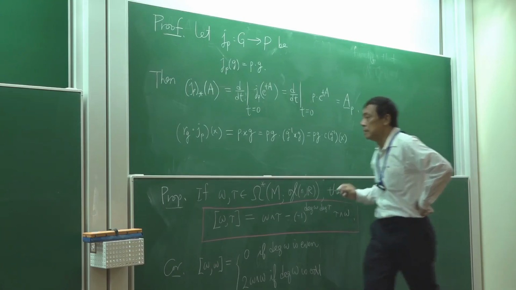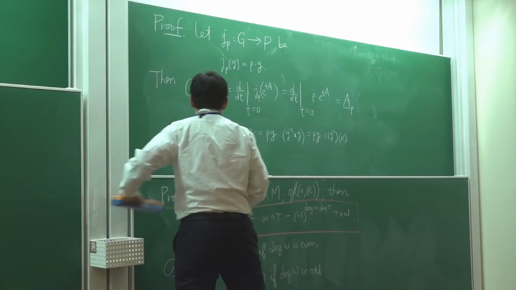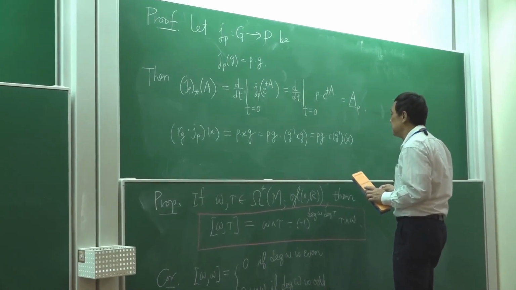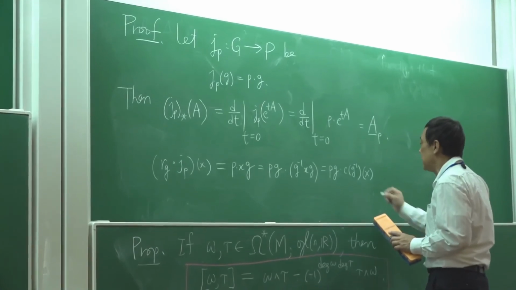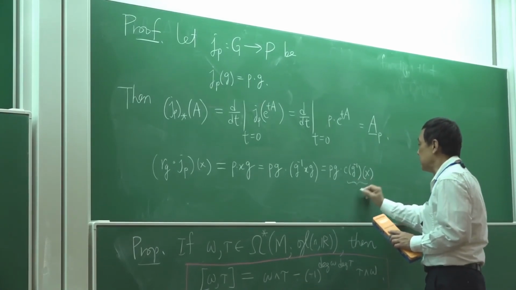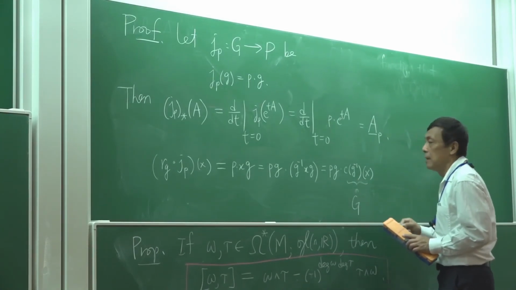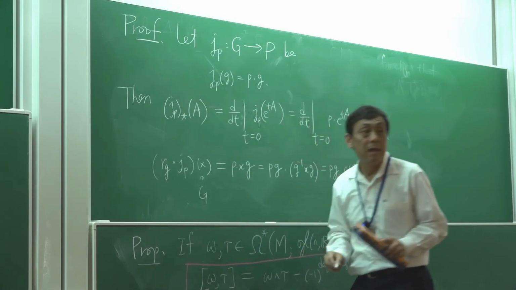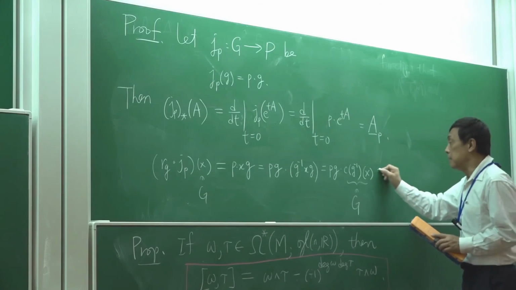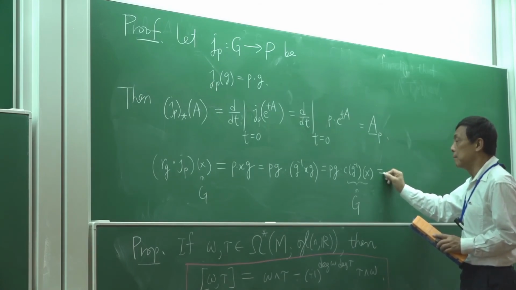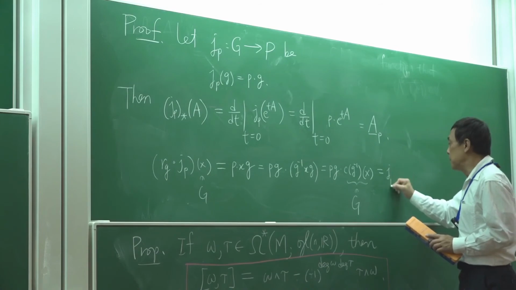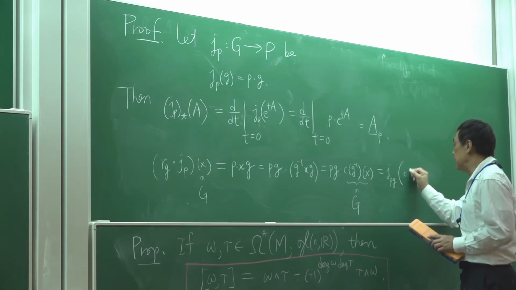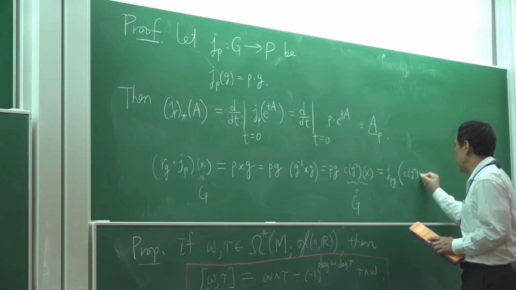This is an element of G, right? x is an element of G. And this is j_pg applied to C_g inverse x.